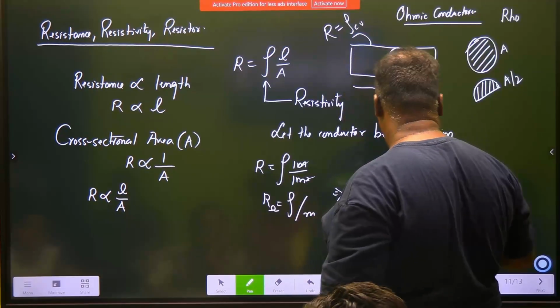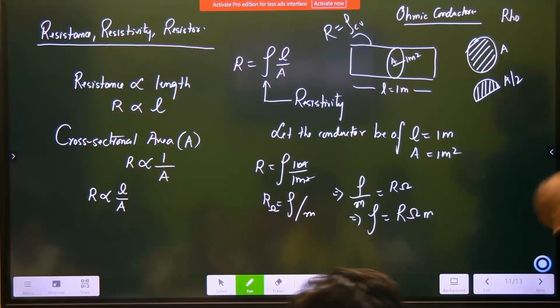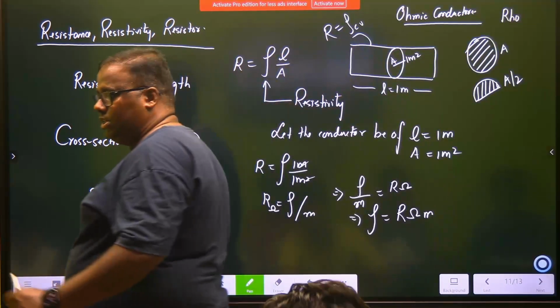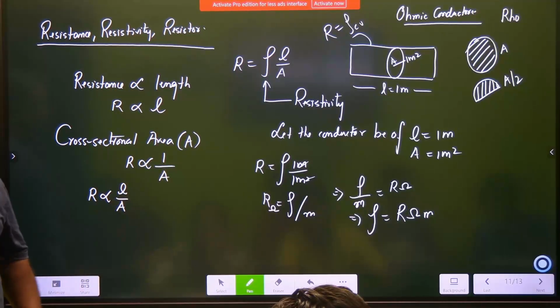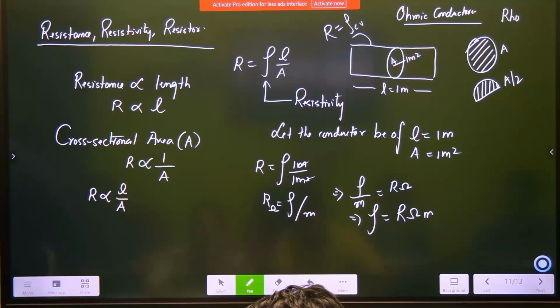And the unit of resistivity is always ohm meters. What is the unit? Ohm meters. Understood? Resistivity is the resistance of a conductor of unit length and unit cross-sectional area. If you change this dimension, you will get resistances, but they will not represent resistivity.